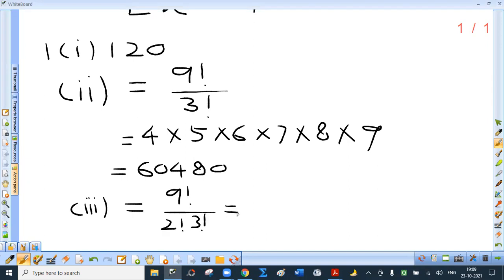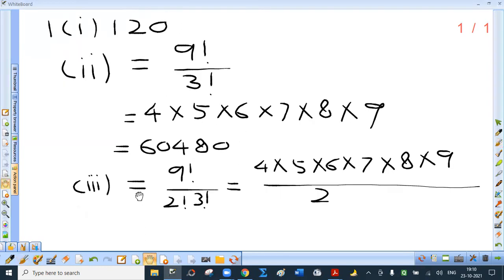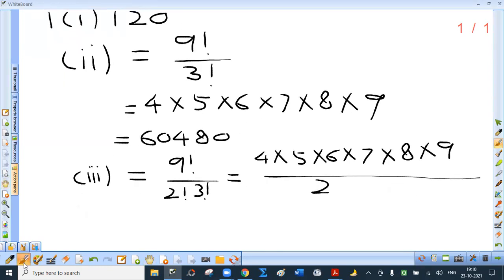So I'll cancel 3 factorial. 4, 5, 6, 7, 8, 9 divided by just 2 factorial, which is 2. Find out. See, you should try to find this answer on your own.